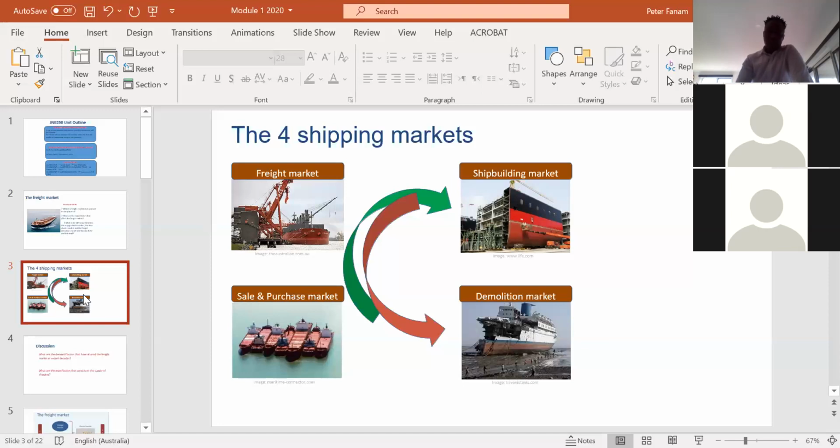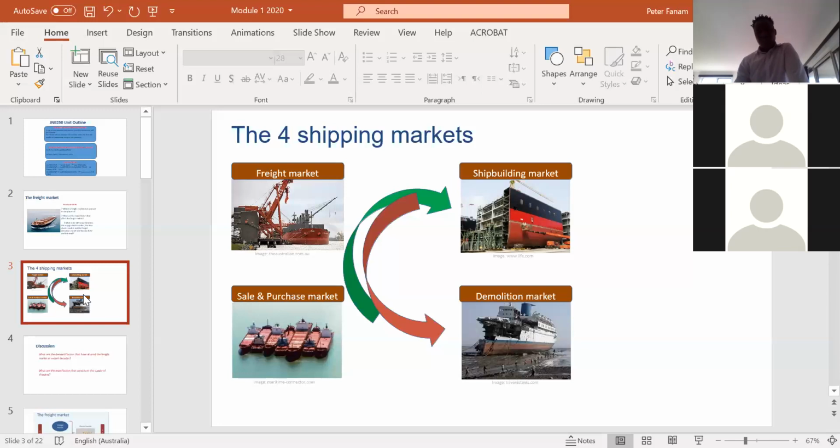This will start pushing the freight rate down because there are enough ships in the market. As we can see in recent events like COVID-19, which had some impact on this market, the demand drops, new vessels are arriving, there is excess capacity, and the freight rate goes down.